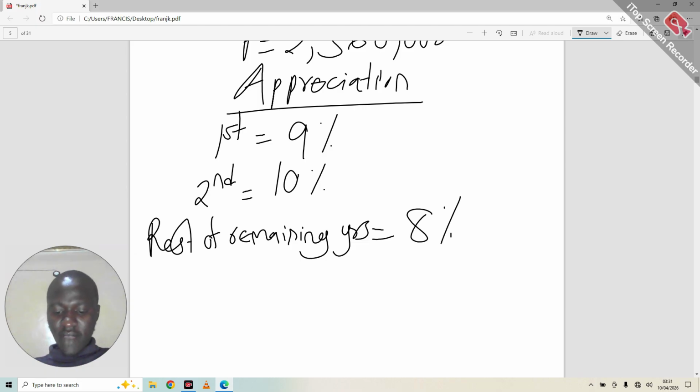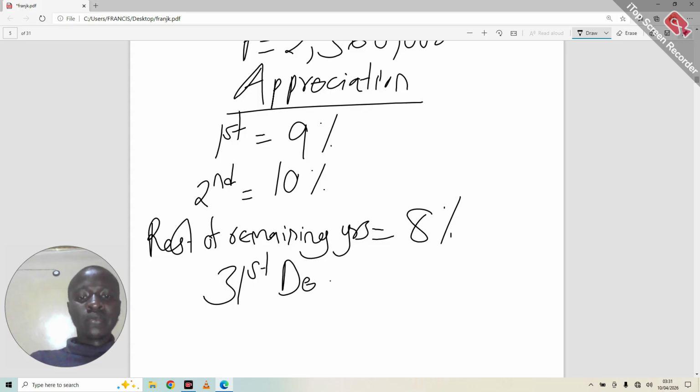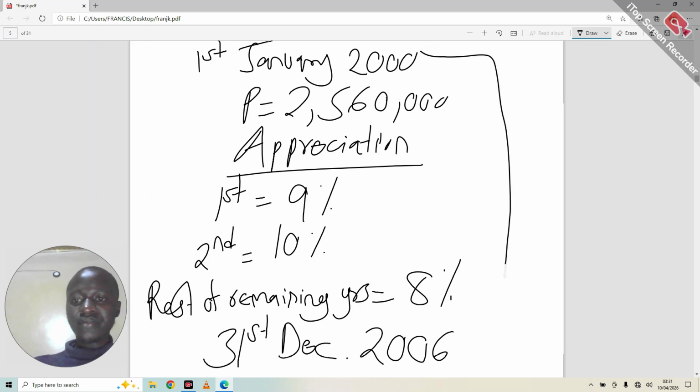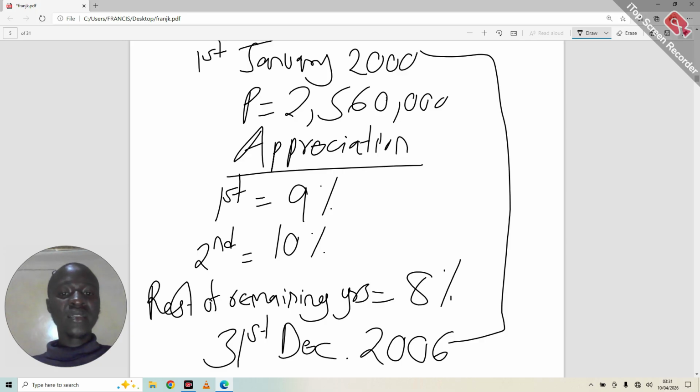Calculate the value of the piece of land on 31st December 2006. So guys, we have this. An examiner is trying to give you the number of years in a different way. So examiner wants you to calculate what's the period between 1st January 2000 to 31st December 2006.